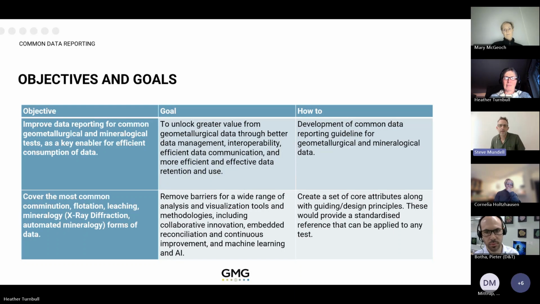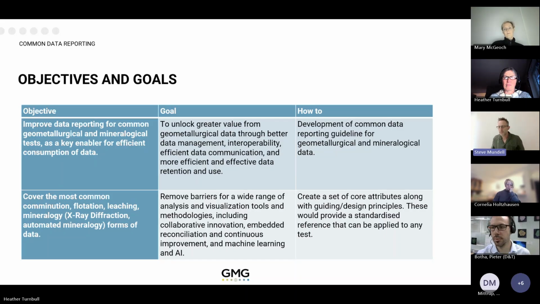And so this guideline is all about standardizing how geomet test data is structured, reported, and exchanged. The goal is to enable better integration, analysis, and value extraction of that data for the mining industry.